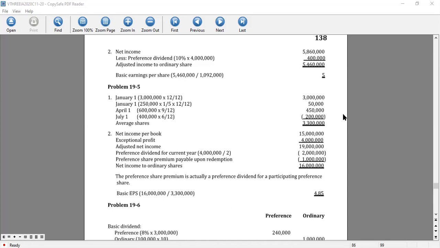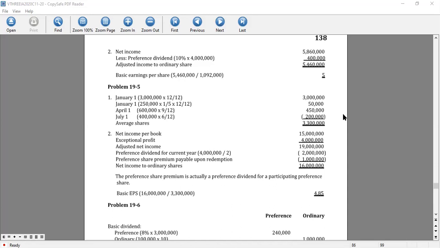Then the preferred dividend for the current year, 4,000 divided by 2. So arrears of cumulative preference dividend for 2 years, total of 4 million divided by 2 because that's good for 2 years.